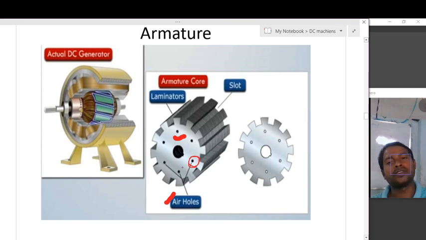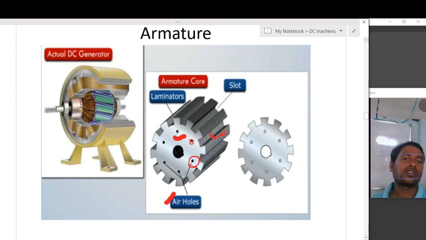Generally, eddy current losses exist in these armature slots, and due to those losses temperature is produced. By providing the air holes, air naturally passes through, and the heat is carried away from the armature slots.